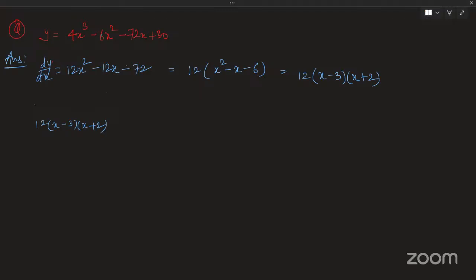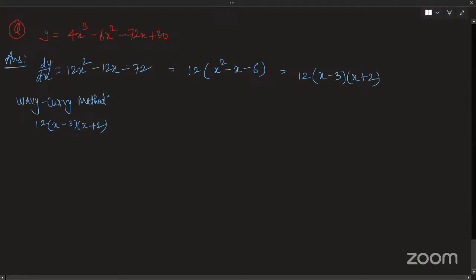I hope all of you remember the wavy curvy method. Everyone forgot? No, sir. Okay, you remember. So tell me, what are the points of the wavy curvy method?